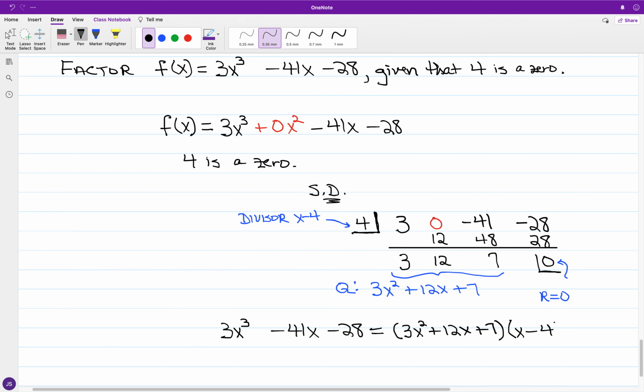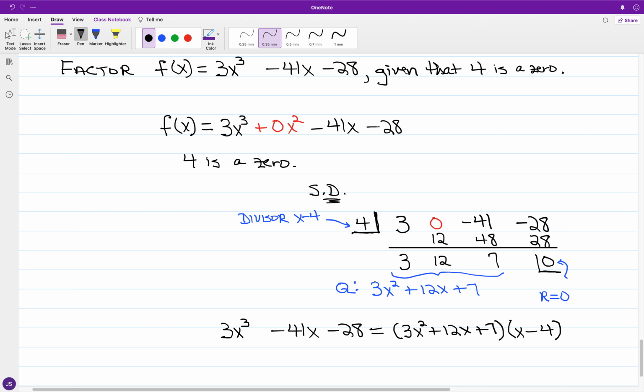And in terms of integers, this is already in simplest form. There are no factors of 3 times 7, which is 21, that will add up to 12. You can think of 21 as 3 times 7 or 21 times 1, and your sums will be 10 and 22, but there's no integer combination that will add up to 12.